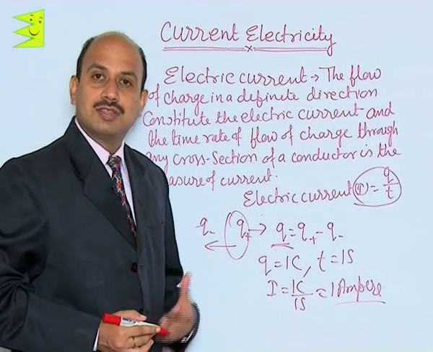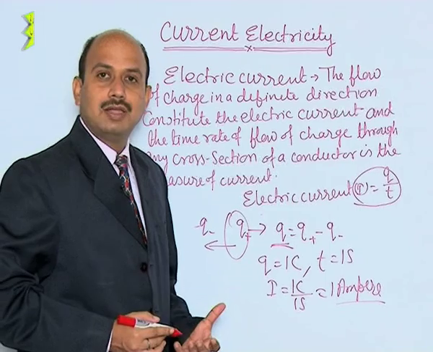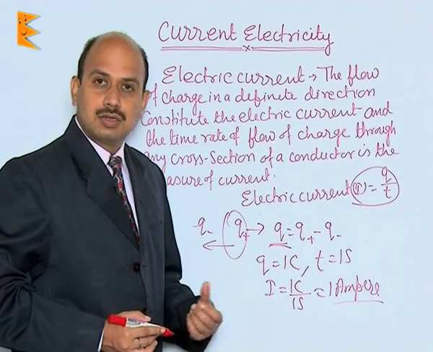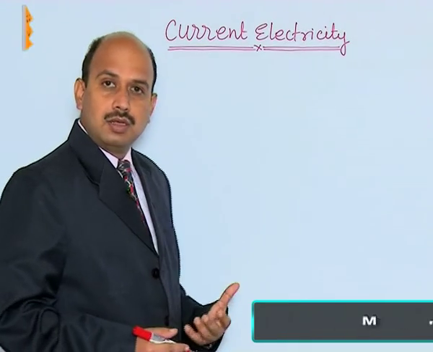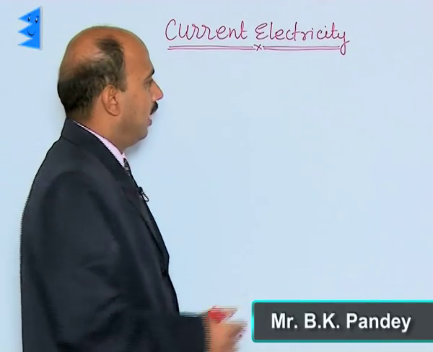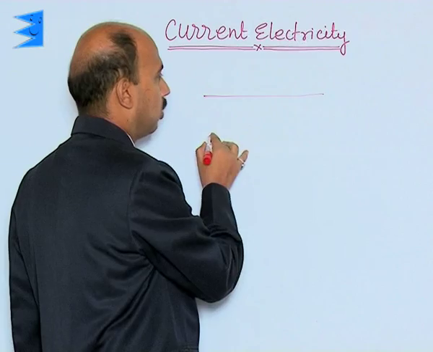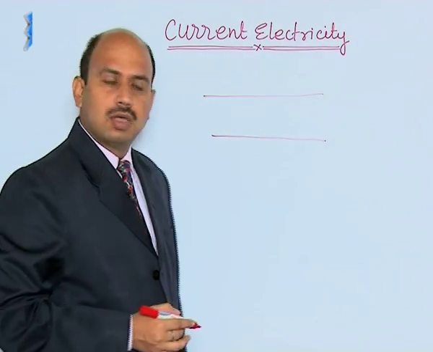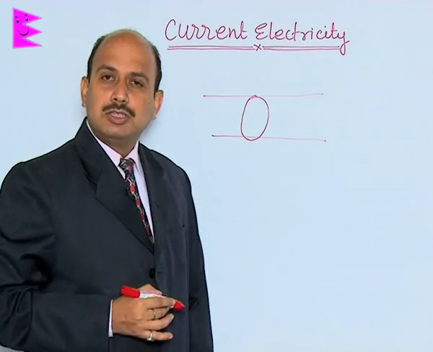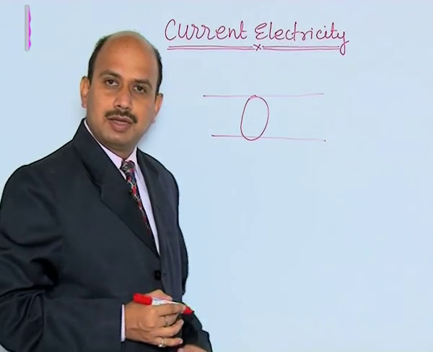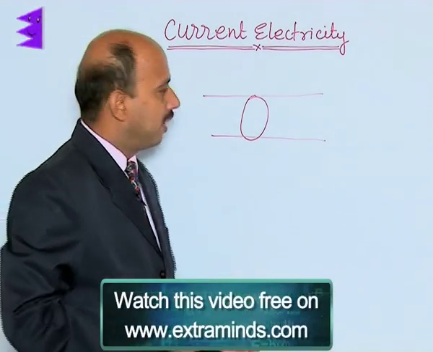Suppose the current is not steady, then how will we define the current flowing through the conductor? If the current is not steady, then the definition of current is given like this. Suppose this is a cross section of a conductor, and imagine an area which is perpendicular to the flow of current, normal to the direction of flow of current.